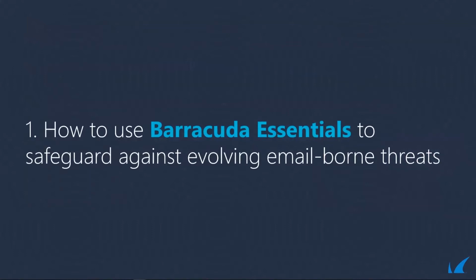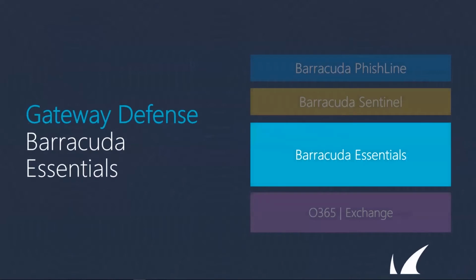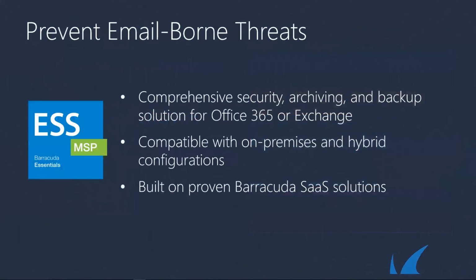Thank you, Beatrice, and welcome everyone to today's webinar. So we're going to start with the gateway defense by Barracuda called Barracuda Essentials. Essentials is a compatible offering with Office 365 as well as on-prem and hybrid configurations.